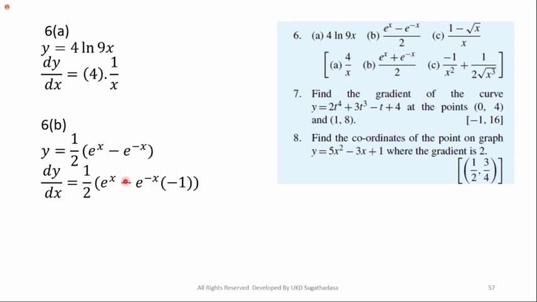Can you understand? e to the x is the same, e to the x. Minus sign is there. When you differentiate the minus, you get minus 1. We have to multiply only that particular part with minus 1. Then finally, this minus 1 becomes plus 1. Final answer is half e to the x plus e to the minus x. Actually, compared to the earlier question, the minus becomes plus here. That is the only difference.